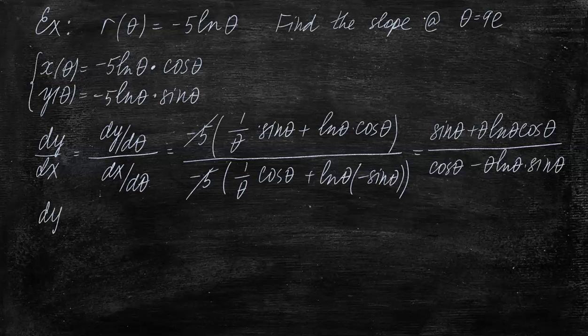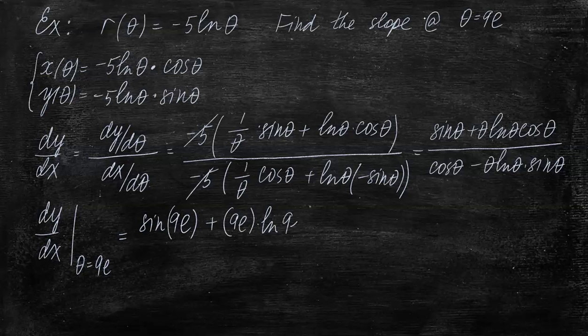And we simply need to evaluate this at theta equals 9e. So just plugging in 9e, we have sine of 9e, which is not pretty, plus 9e times ln of 9e times cosine of 9e.